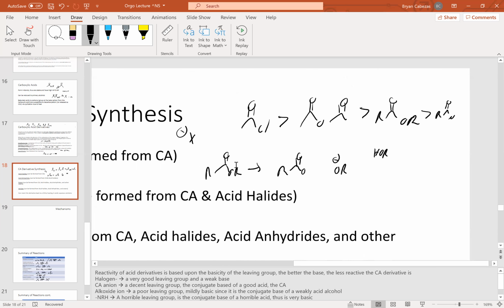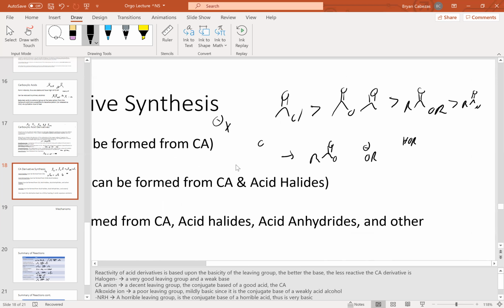Now let's look at the amide, right? Now the amide, on the other hand, when you pop it off, let's just say that there's an R here and then an H. What you see is this group right here, and this group is a super strong base, right?